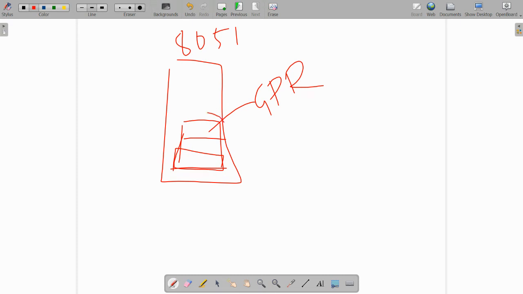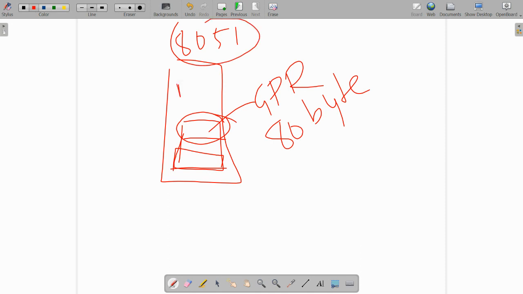The size of the general purpose register is 80 bytes, and as you know it holds the temporary data or the intermediate results. Now the advantage of this is that your 8051 contains your ALU, so the data which is required will be taken from the general purpose register.